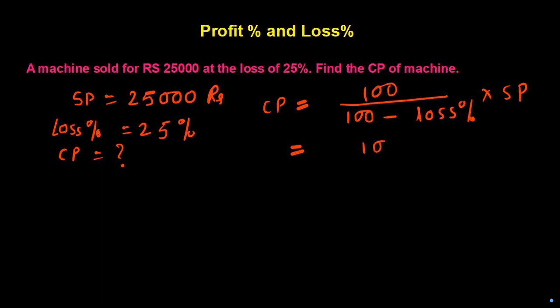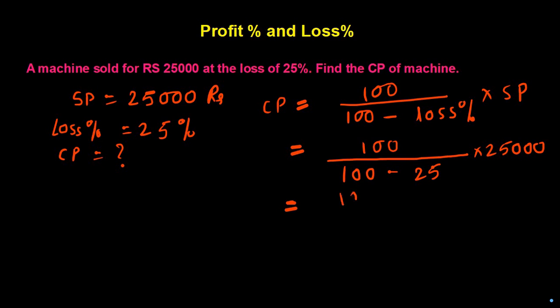So 100 as it is, denominator 100 as it is. What was the loss? Loss is 25% times what is the selling price? Selling price is 25,000 rupees. Okay, so let's just simplify it now. 100 upon 100 minus 25, correct, 75 times 25,000 rupees.